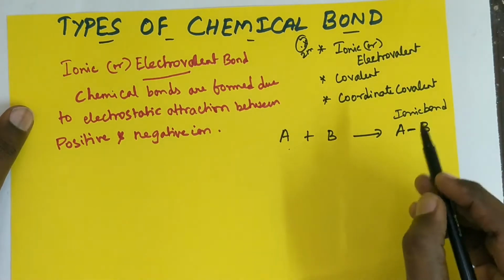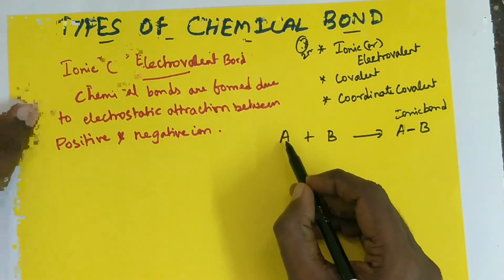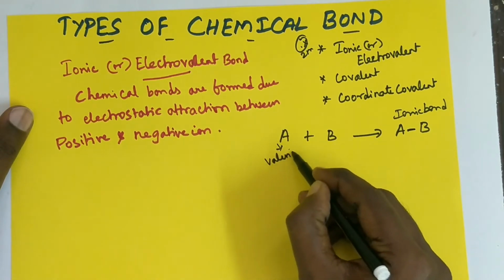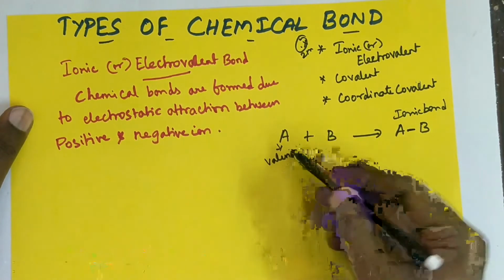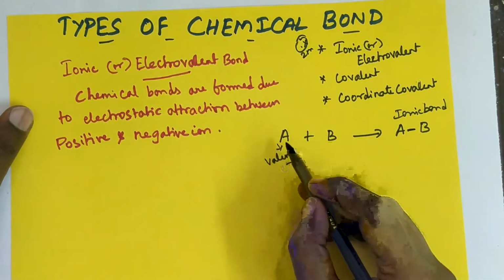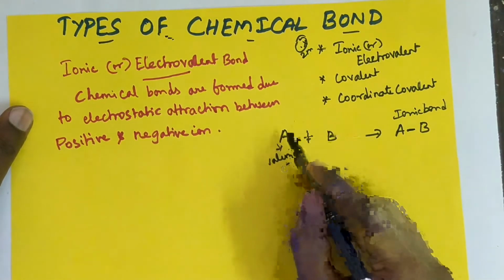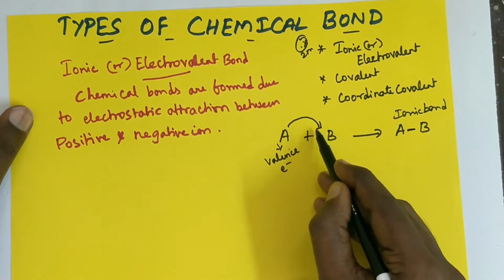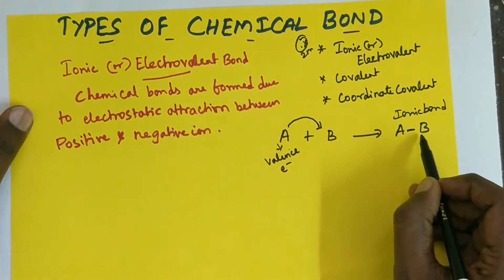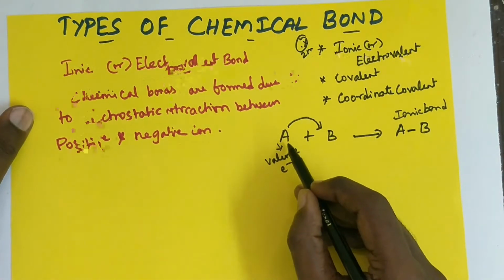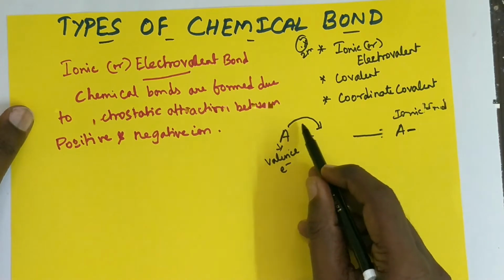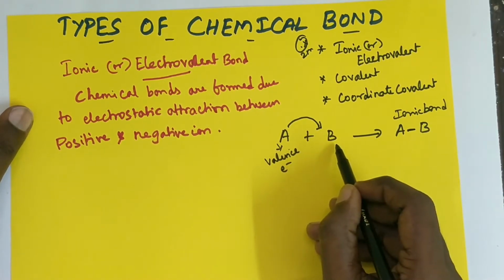This bond is formed due to the valence electrons, meaning outermost electrons, of one atom being transferred completely and permanently to another atom.